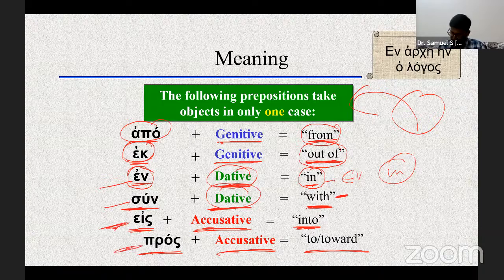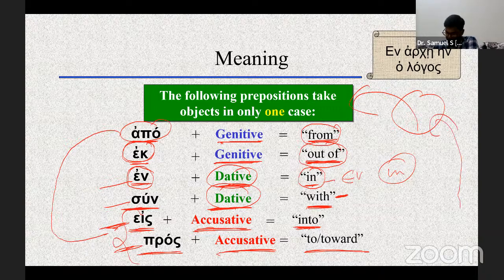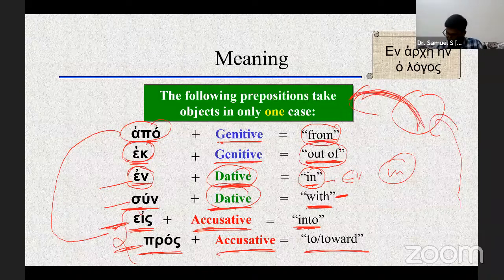Eis and pros is somewhat opposite to apo and ek. The idea is in, into, toward, right? So apo and ek, outward, the genitive case only. Eis and pros, into, toward, accusative case only.